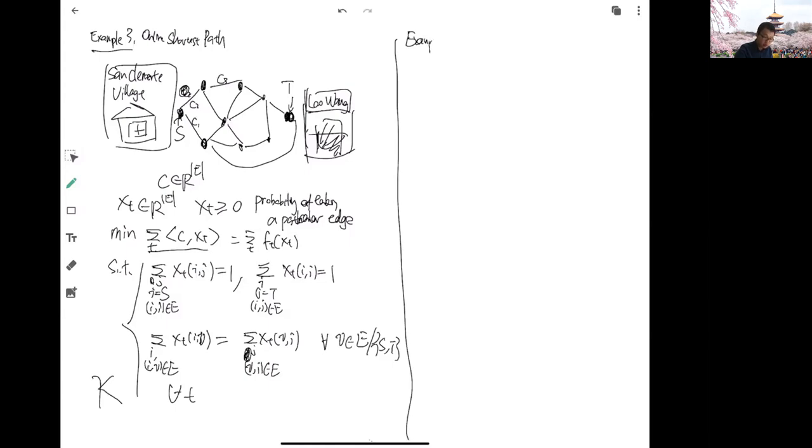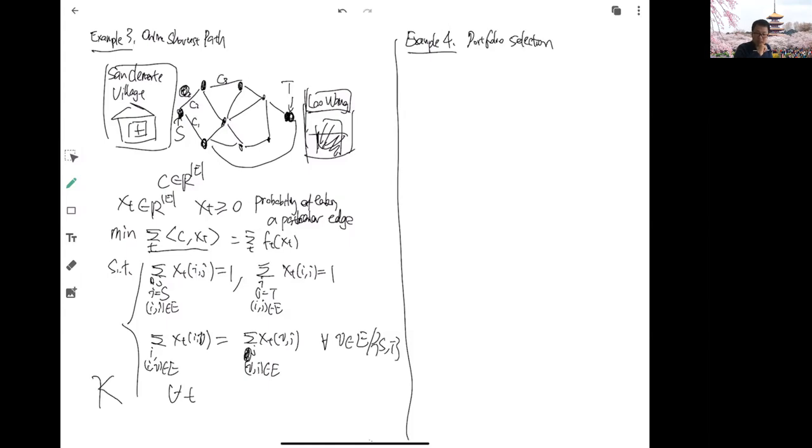So I'll give one last example before we get to the algorithm. The last example that I give is portfolio optimization. Previously, we talked about learning from expert advice, where the experts are predicting the ups and downs of a single stock.